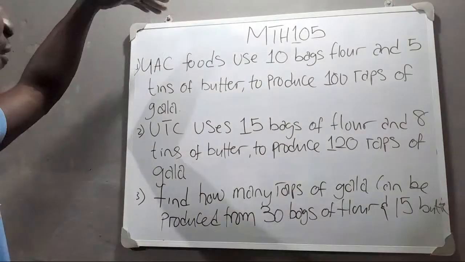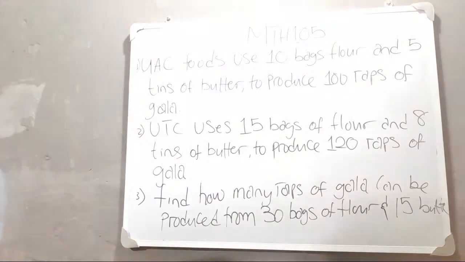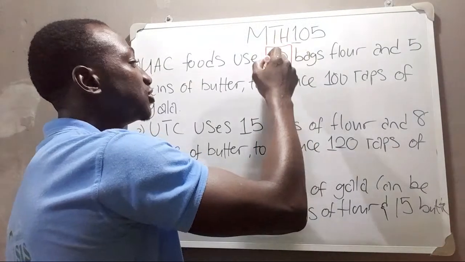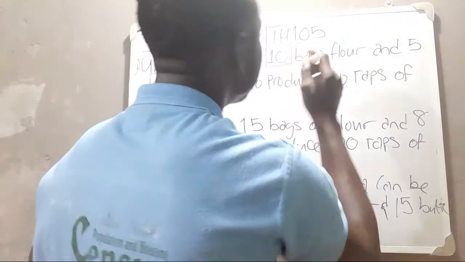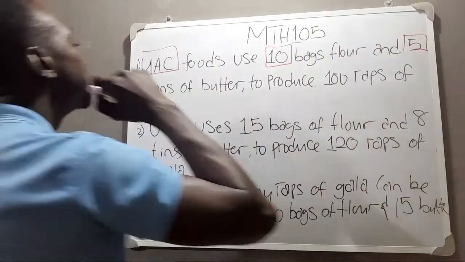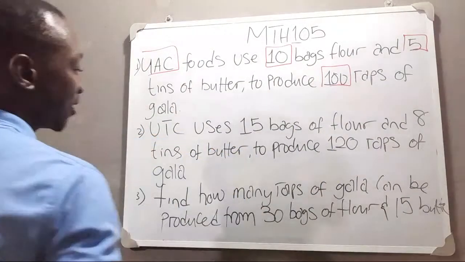UAC Foods uses 10 bags of flour and 5 tins of butter to produce 100 wraps of gala.